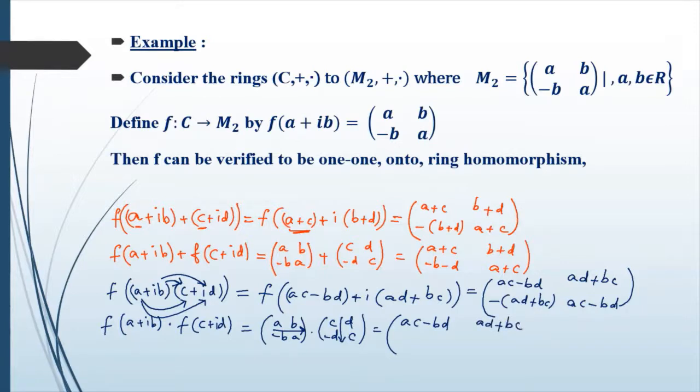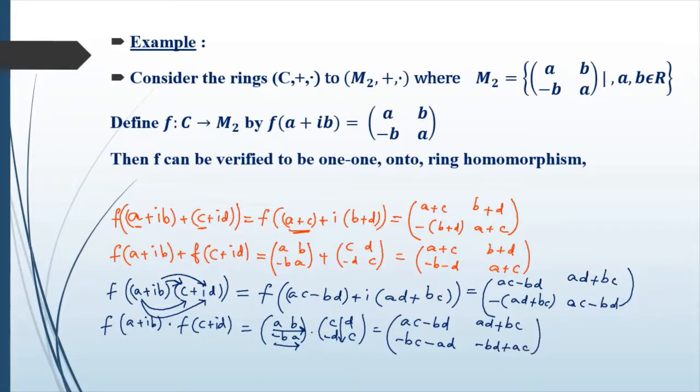And for the second row you have minus b into c, so minus bc minus a into d, so minus ad. Similarly here minus bd plus ac.